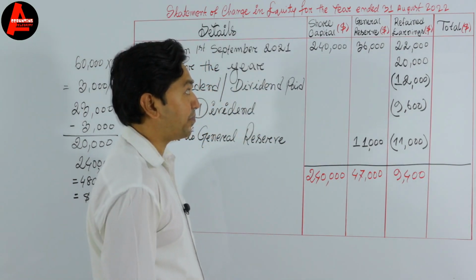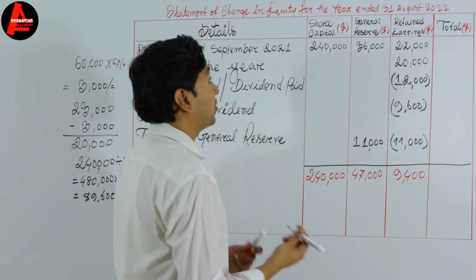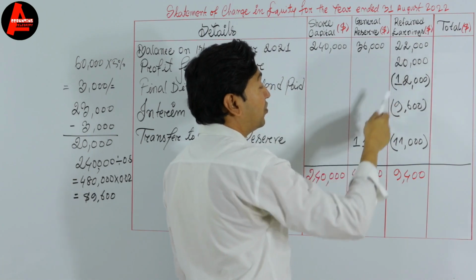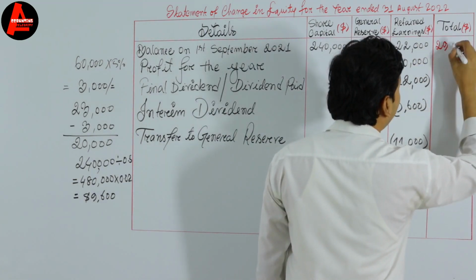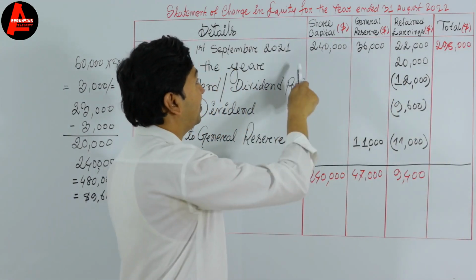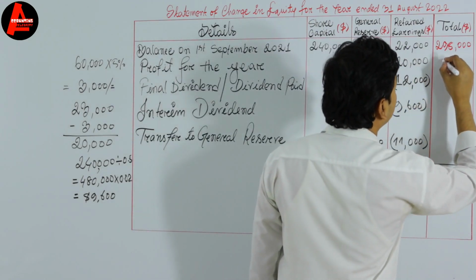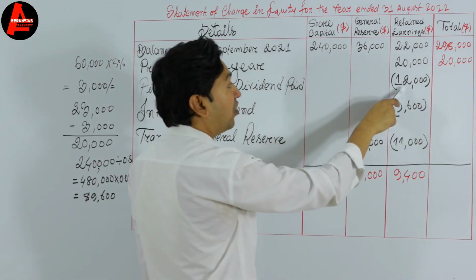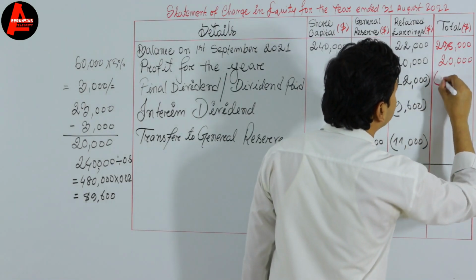Okay, so now we will calculate horizontally. Here we have $240,000, here 36 plus 22, we get $298,000. In this row we have only $20,000, so let us write here $20,000. In this row we have $12,000 only, so it will be minus $12,000.